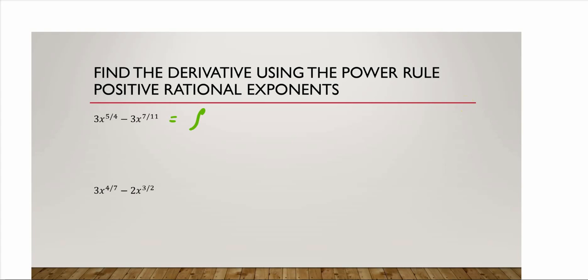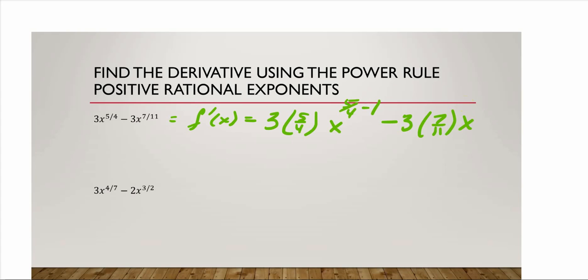So my derivative is going to be 3 times 5 over 4 x to the 5 over 4 minus 1, minus 3 times 7 over 11 x to the 7 over 11 minus 1. Now what I do is I rewrite the minus 1 as 4 over 4, because I'm trying to have the same denominator. And over here I want to put 11 over 11 so that they can have the same denominator.